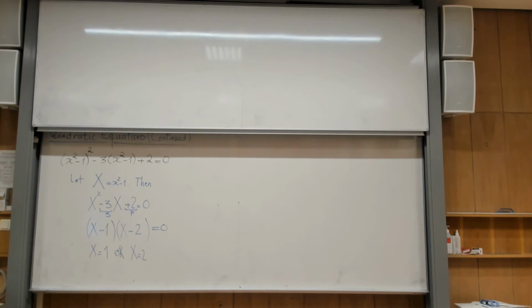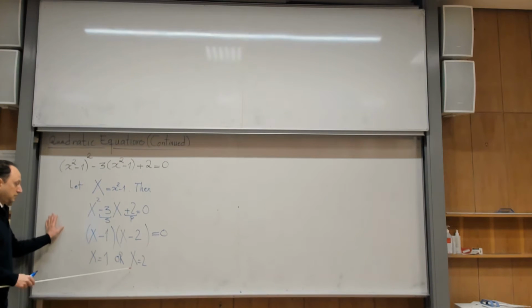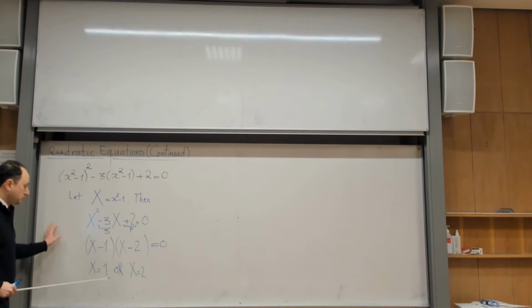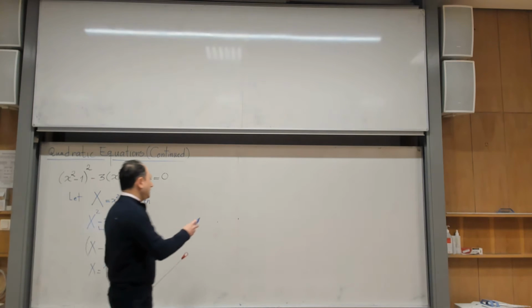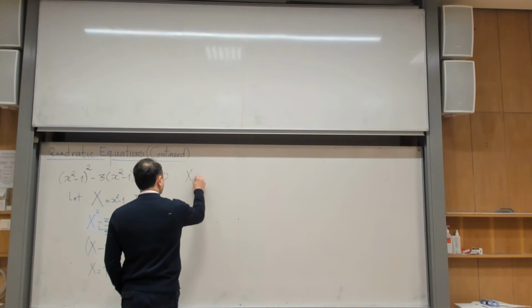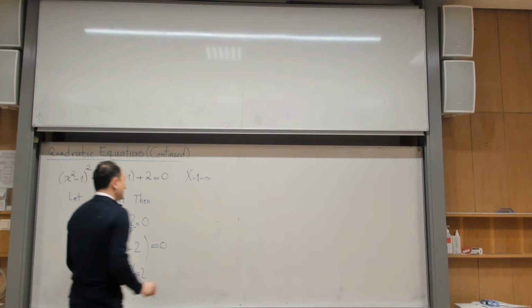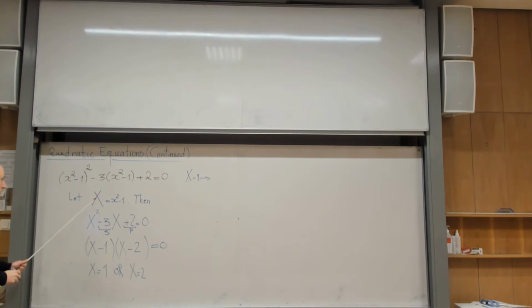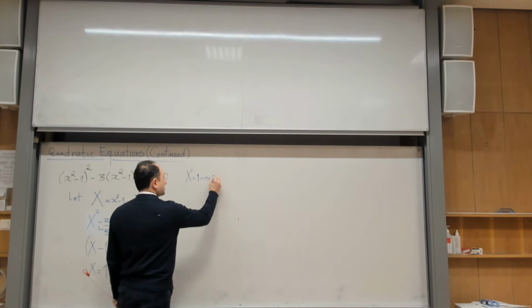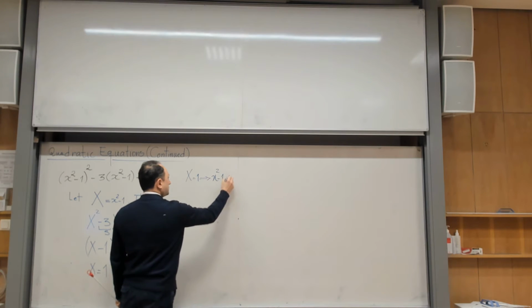Yes? But the problem is not finished here because I was looking for the original little x, not the capital X. But then it becomes very simple. I would say that, okay, if capital X is 1, then what happens? Instead of capital X, I put x squared minus 1. So this becomes x squared minus 1 is equal to 1.